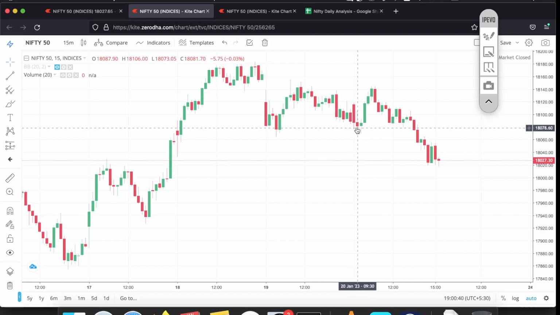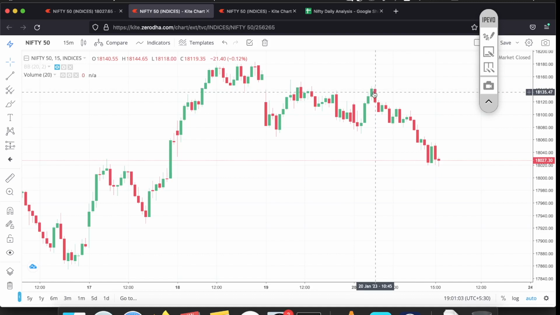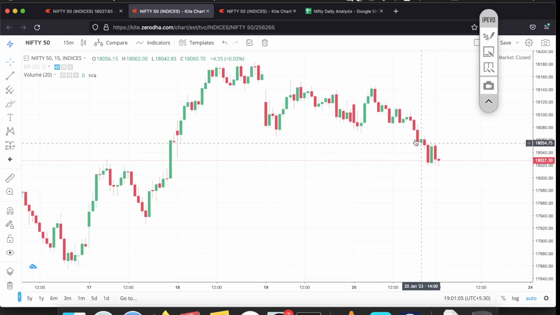It dropped in the next 15 minutes also, up to the 18,075, 18,080 level, and after that it got some support, picked up pace and moved up to the 18,140 level. That is the 18,150 resistance level which I mentioned yesterday. From that resistance point onwards, it's a one-way fall with occasional price retracements.